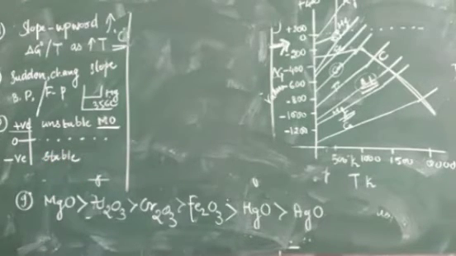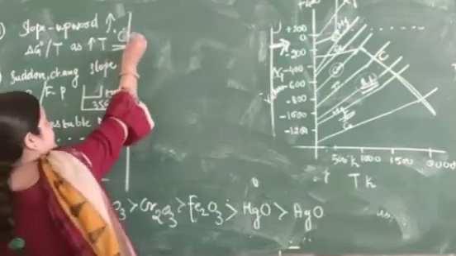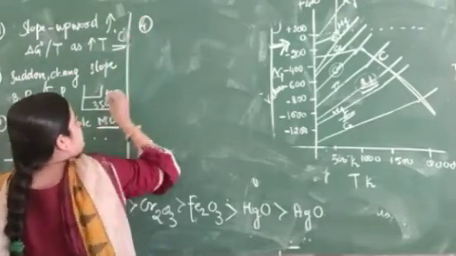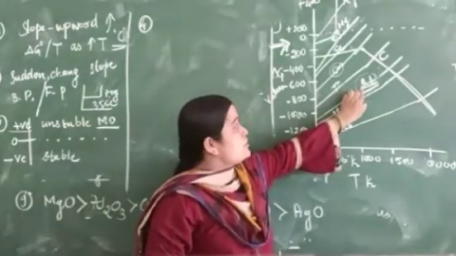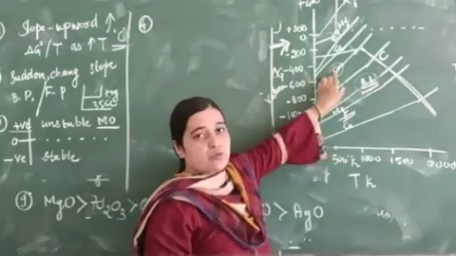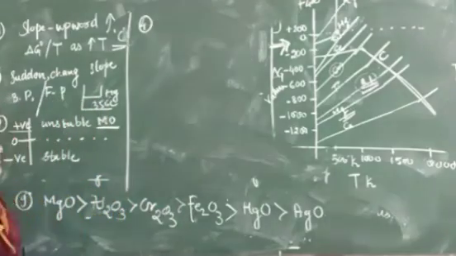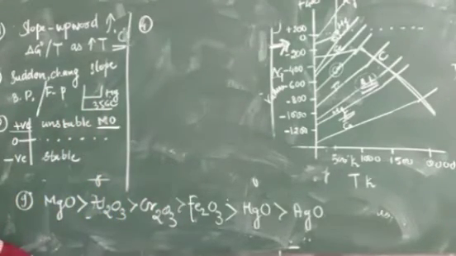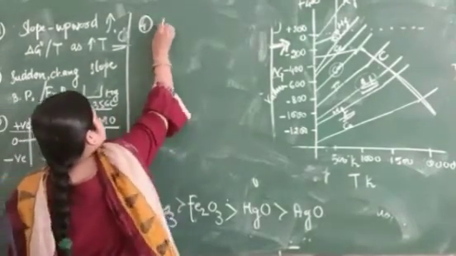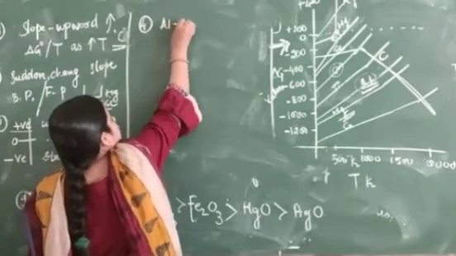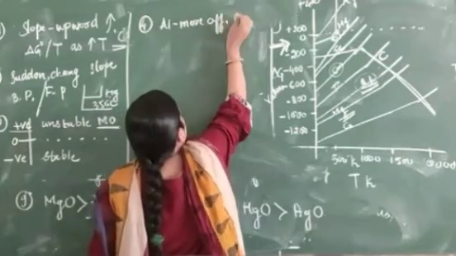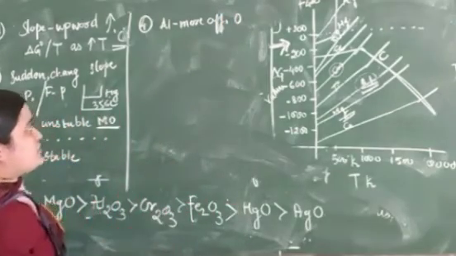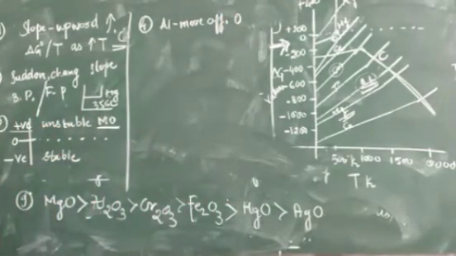This is the third one. Fourth one: at normal temperature, aluminum has more affinity towards oxygen as compared to chromium, so aluminum can be used as a reducing agent for chromium.